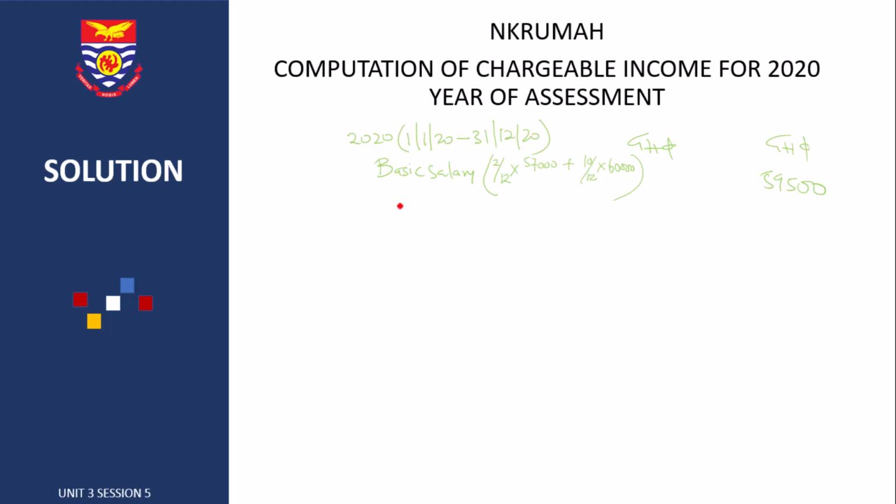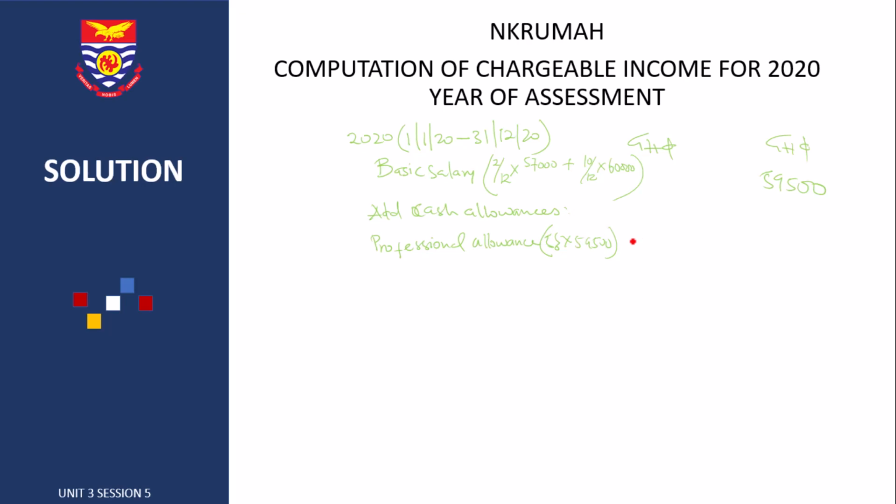Okay, so now let's continue. We're told that she received certain allowances. So after our basic salary, we add cash allowances to get our total cash emolument. So we have professional allowance. And we were told that this is 5% of the basic salary.